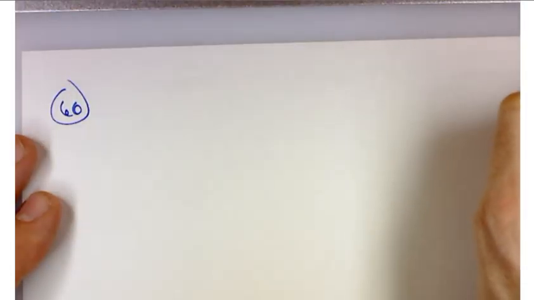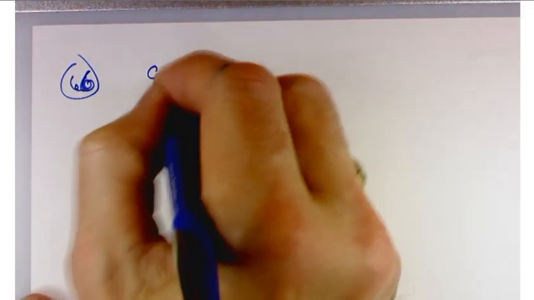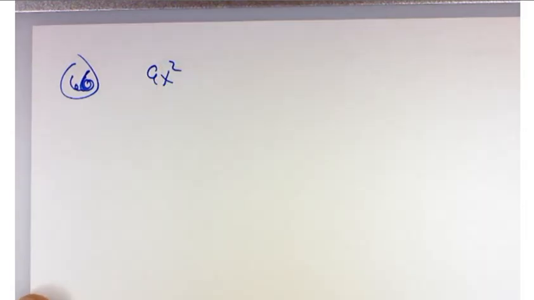Let's start with problem number 66. So 9x over x squared, excuse me, no, just 9x, not 9x squared.